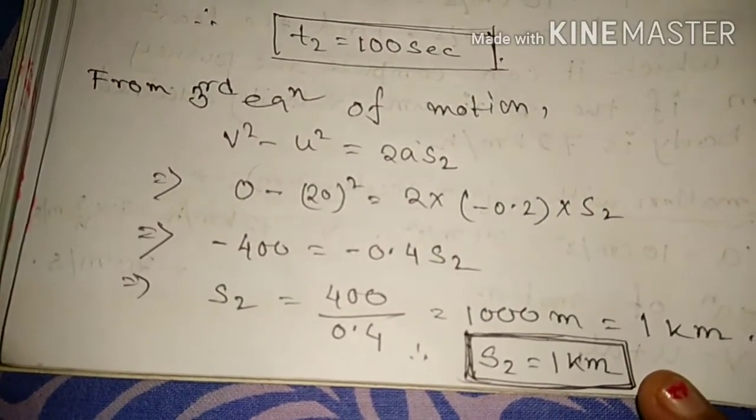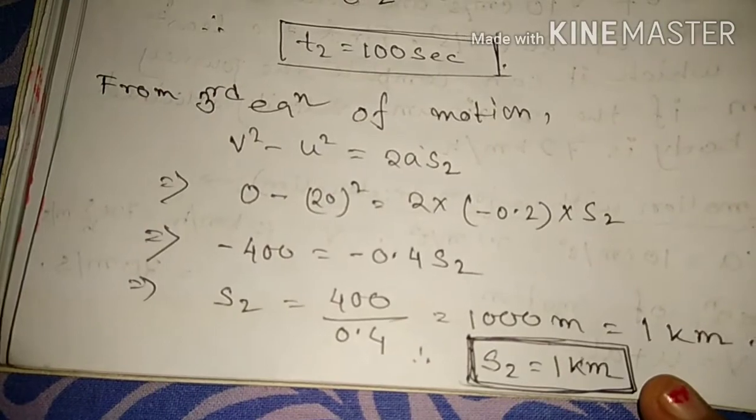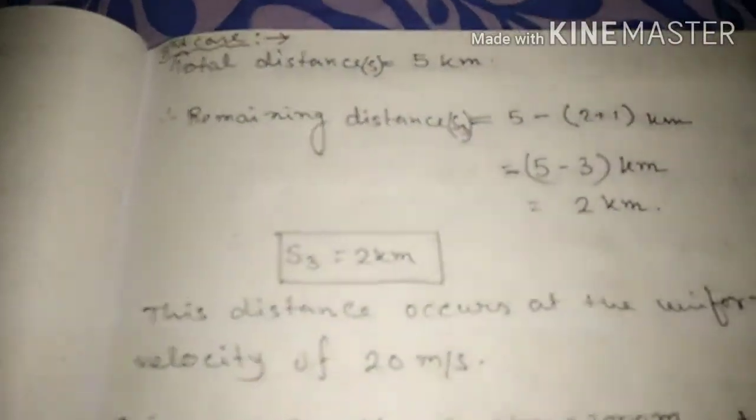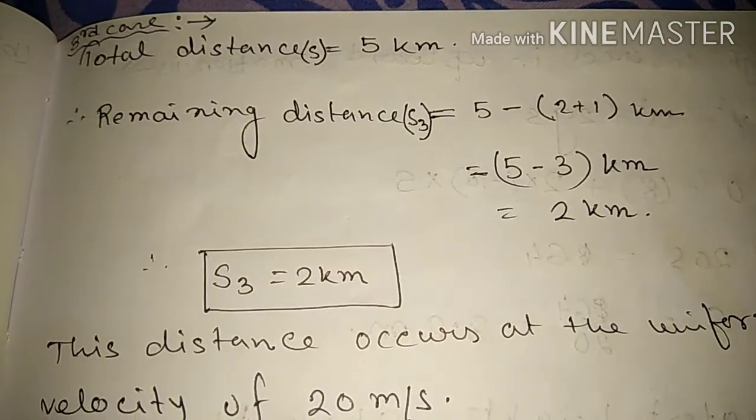And the total distance is given, that is 5 kilometers. So what is s3? s3 equals 5 minus (2 plus 1), that means 2 kilometer. s3 equals the remaining distance, s3 equals 2 kilometer.